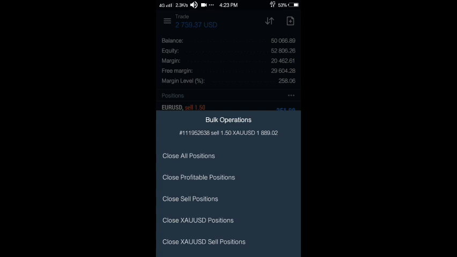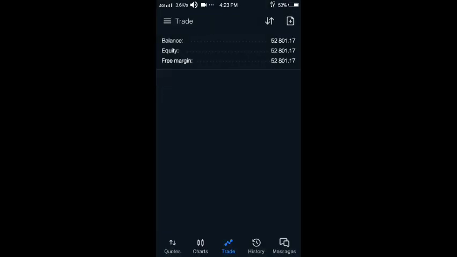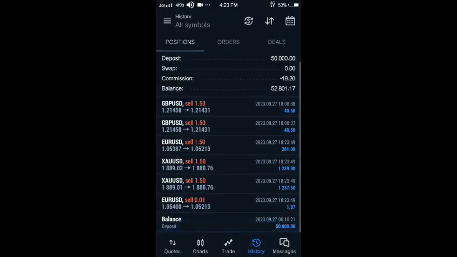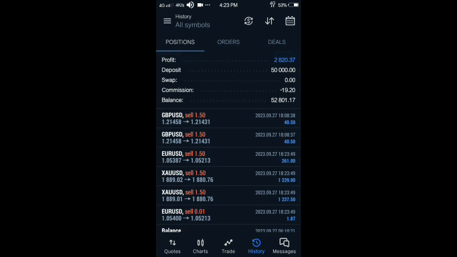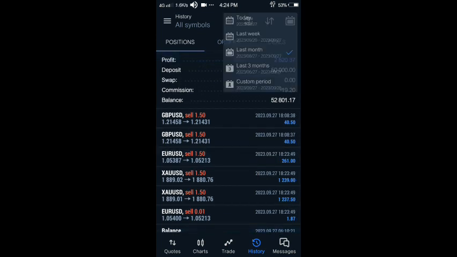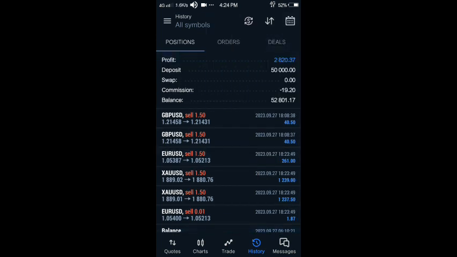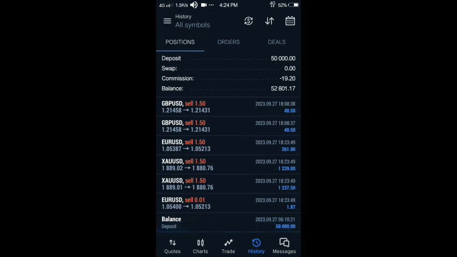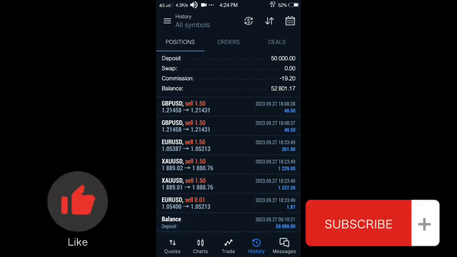challenge with those operations. Literally, this is today. I took the account today. See, first trade, this is Euro USD. Then this is the GBPUSD trade I closed.